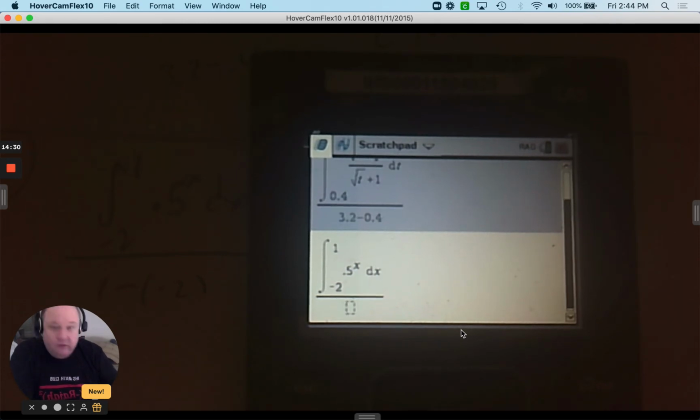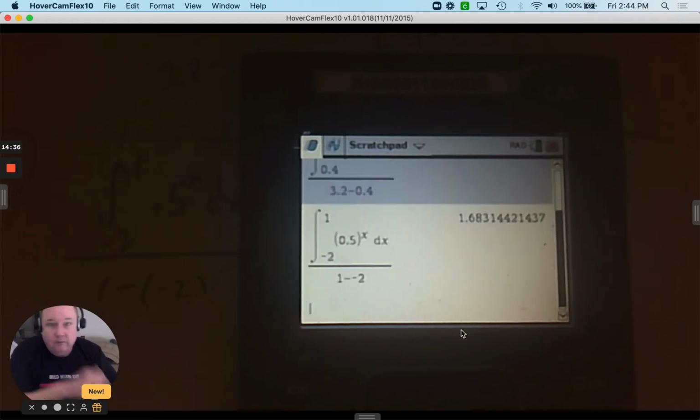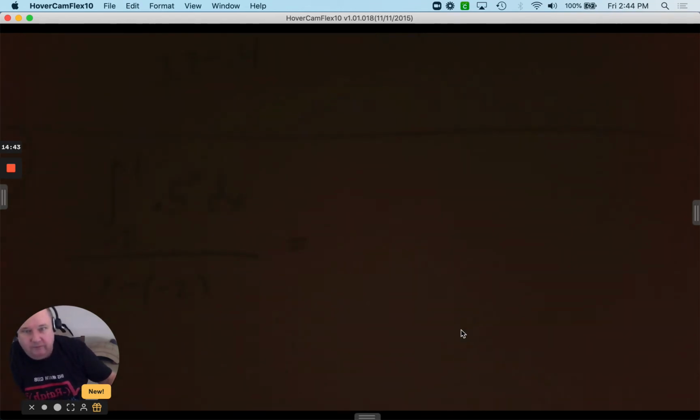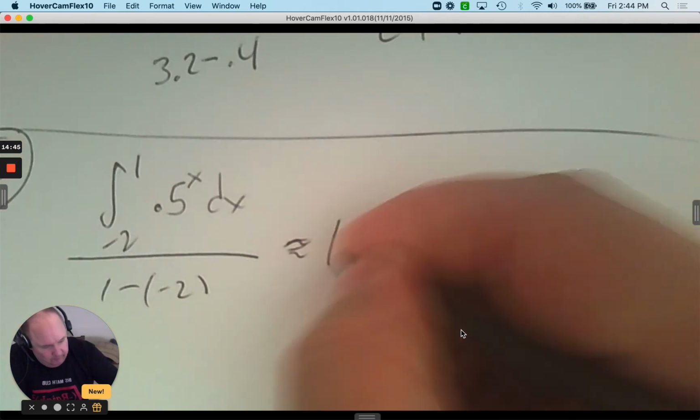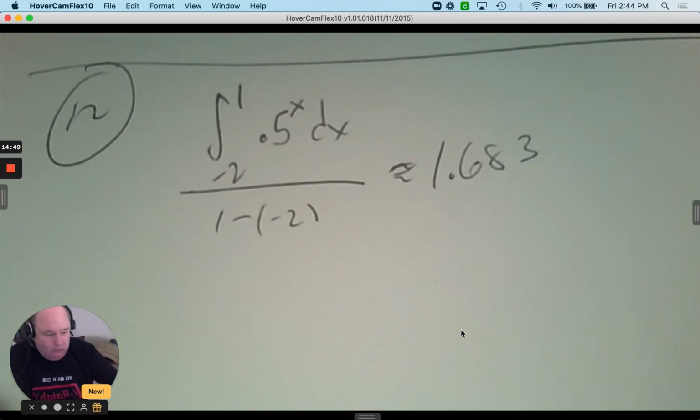And then in the denominator is 1 subtract negative 2. And there's your answer. So 1.683. So that's the average value of that function from negative 2 to 1.